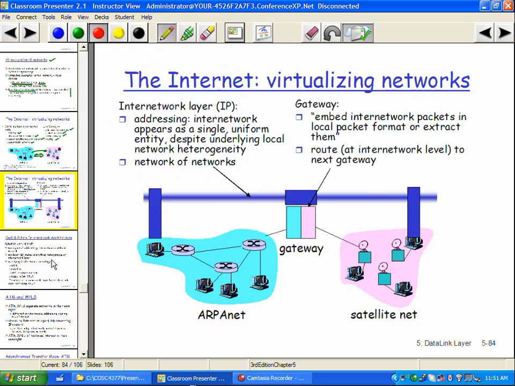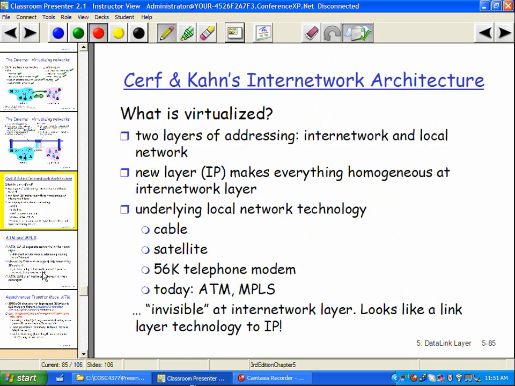So any questions? So that was the real state of the art until I'd say mid-80s or so. There was no universal email addresses. And so today's internet is also attributed to Cerf and Kahn. Their internet architecture was that everything should be virtualized. There should be inter-network addresses and local network addresses.